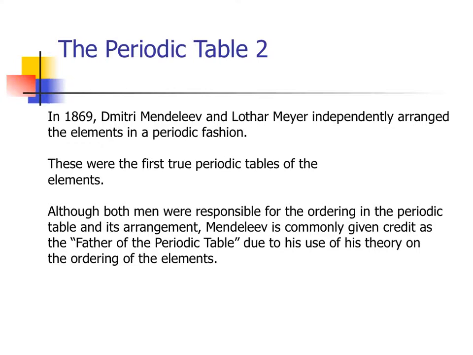But what Mendeleev did that was different than Meyer, and why we call Mendeleev the father of the periodic table, is not just how he ordered the elements, but that he had some predictability to his periodic table.